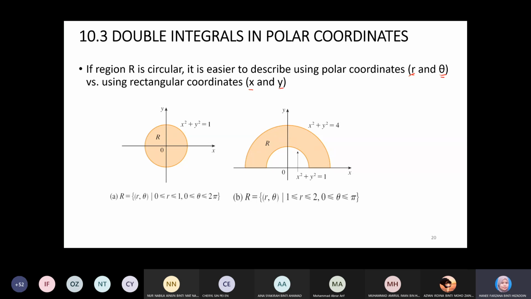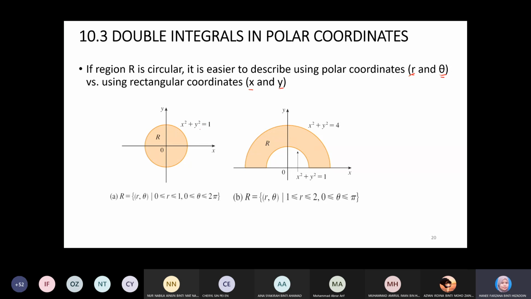For example, if you look at diagram A here, your region is a circle. You know that the equation for a circle is x squared plus y squared equals 1. This is a standard equation. 1 is just the radius from the origin until the edge of the circle.